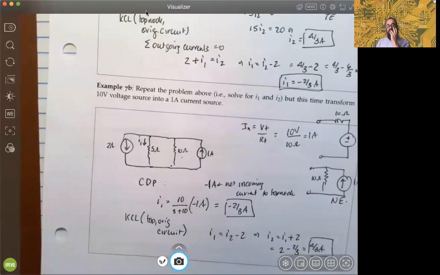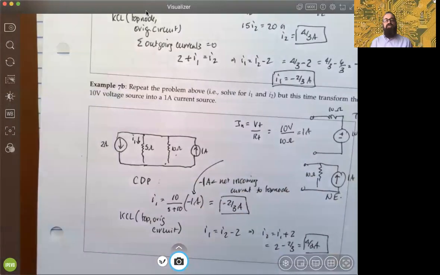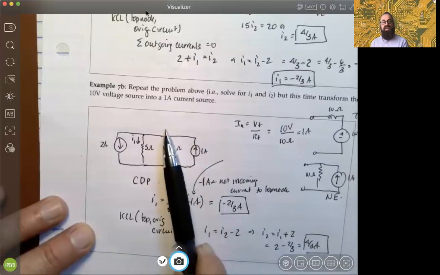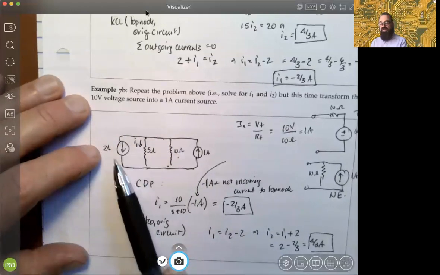Okay. So I think the only tricky part of this problem is this concept right there: with CDP, you're taking a current source and trying to distribute it across parallel resistances. And in this case, we can't just say it's 1 amp, because given the direction, this is 2 amps down.